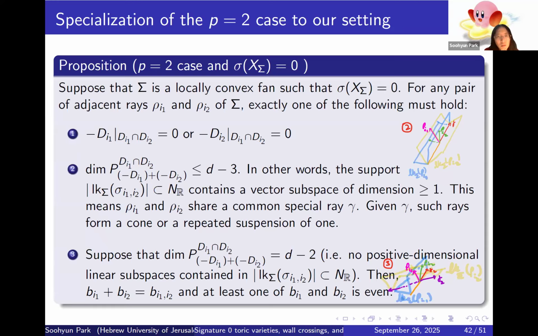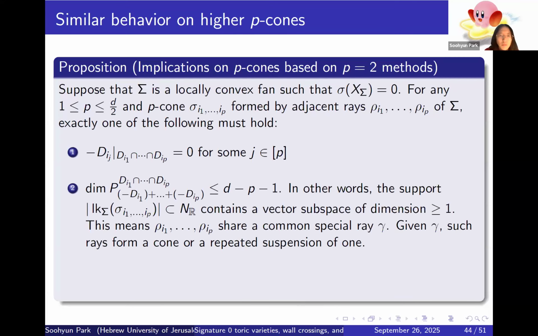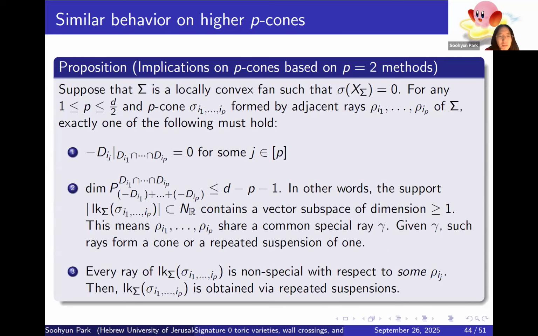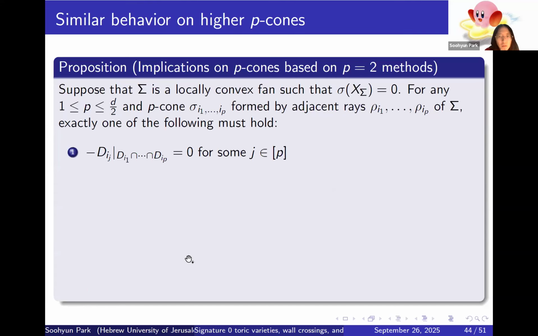So it turns out that this sort of analysis we did for the links over two cones, you can say very similar things about links over p cones. This is again the trivial case, and in this one you have a more complicated version of the picture in part two. And then for part three, it actually explains the situation more clearly.